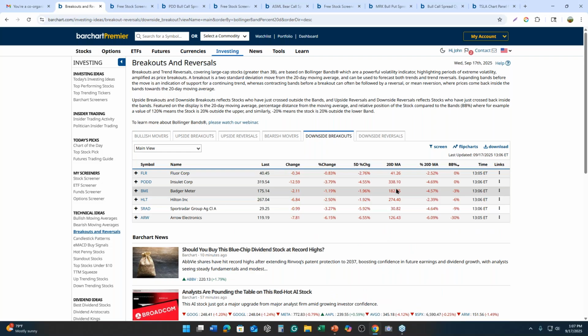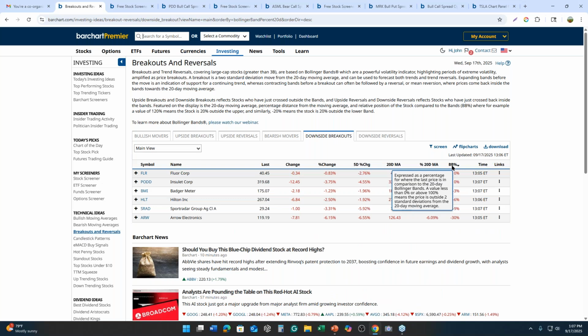Now, again, this idea under the Bollinger Band percentage is an expression of where the last price is located in proximity to the Bollinger Bands. Again, with the upper band representing 100% and the lower band representing 0%. Now, just for reference, the mean, the 20-day moving average, would be represented by a value of 50.